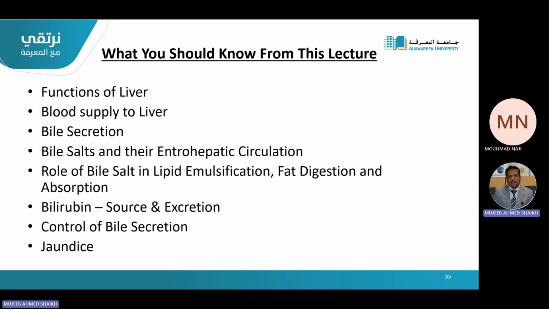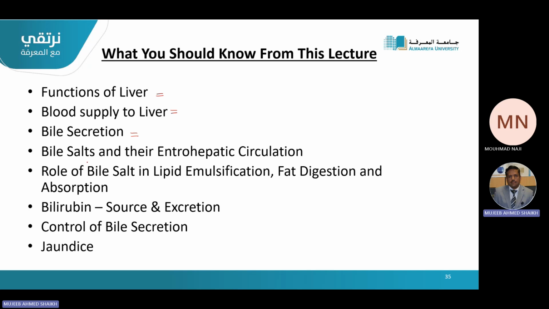So in summary, what we have learned in this lecture: what are the different functions of the liver, how the liver receives blood from two different sources, hepatic artery and portal vein, how the bile is secreted, because the main function of the liver is to secrete bile, which will help in digestion of the fat. What are the contents of the bile?